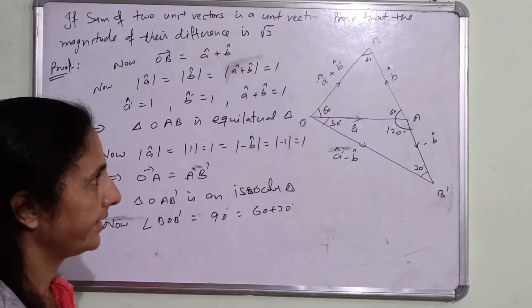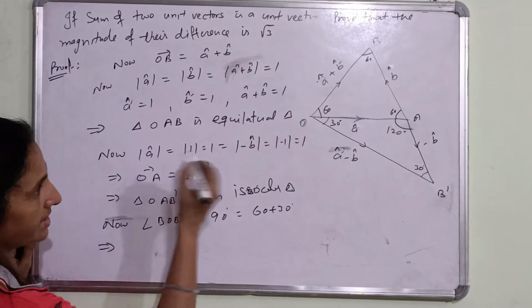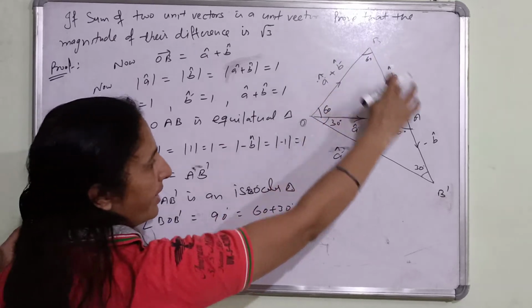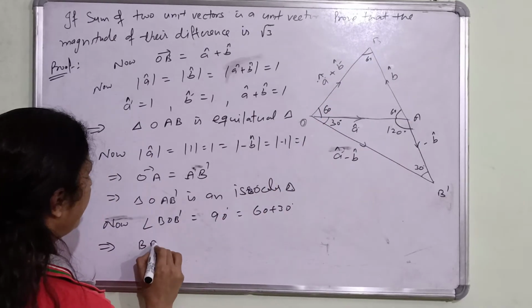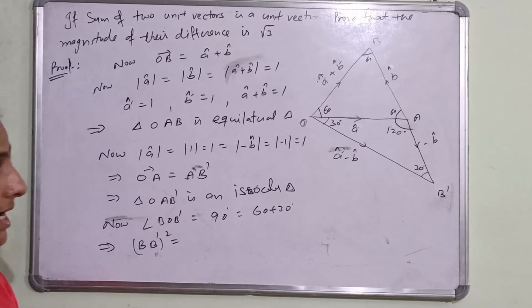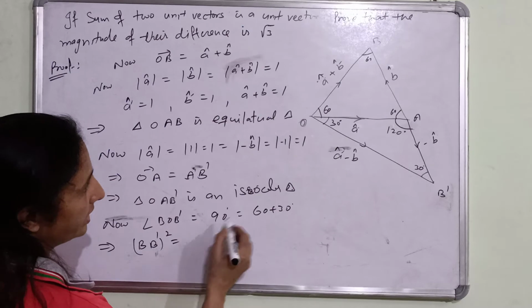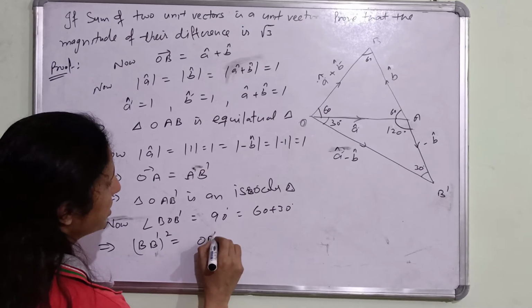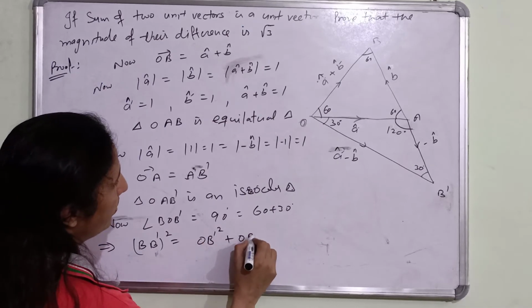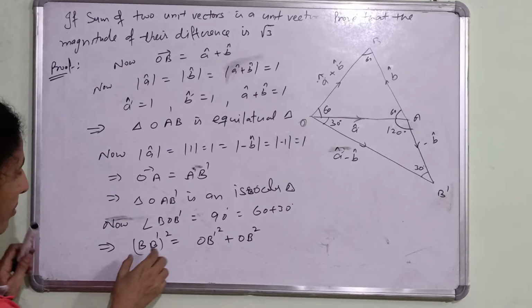If this is a right angle triangle, this is the hypotenuse. So BB dash square, by using the right angle triangle, is OB dash square plus OB square. Is that clear?